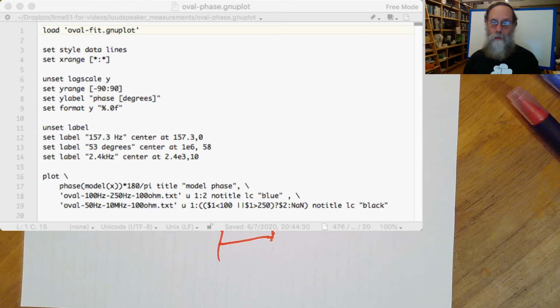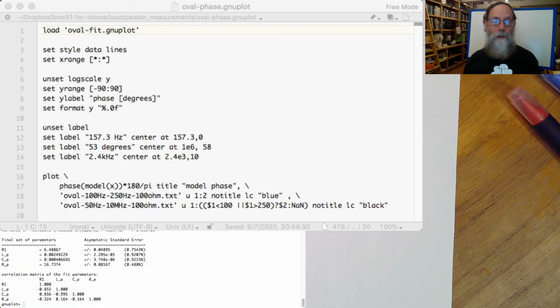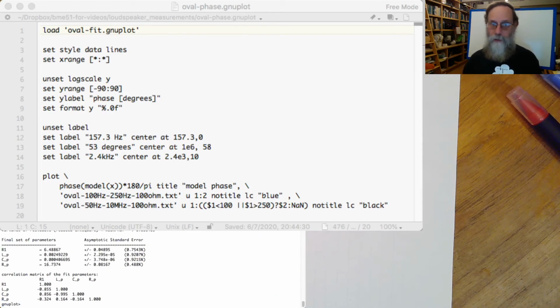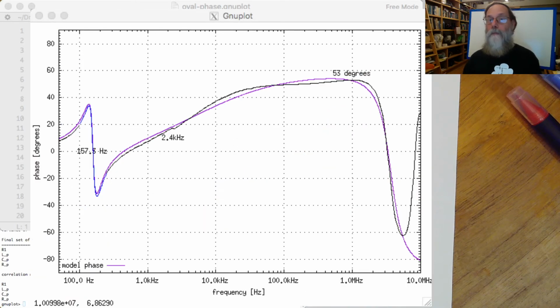So I will go back to the GNU plot terminal, and instead of loading oval mag Z, I'll load oval phase, and it did the same fitting as it did before because it's running the same file. And here's what we've got.